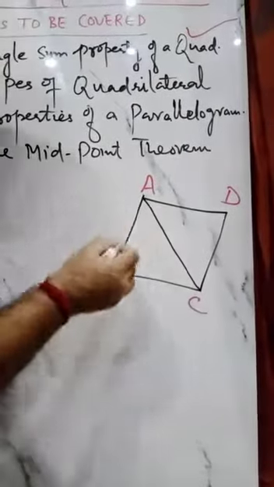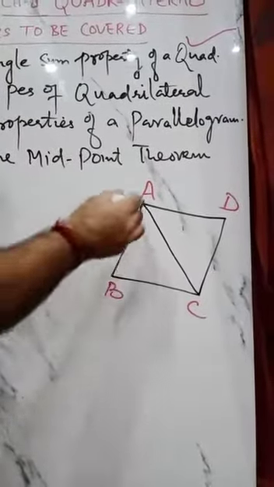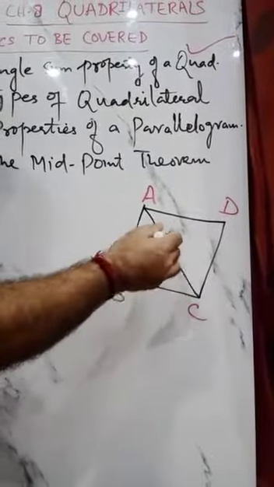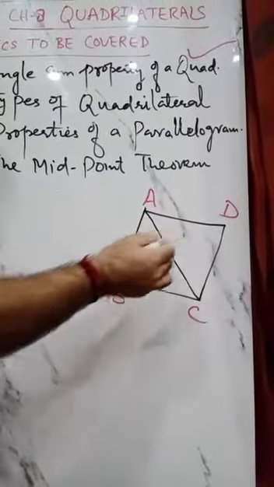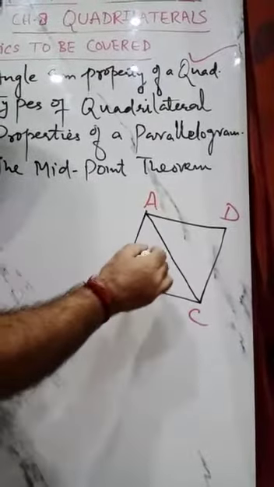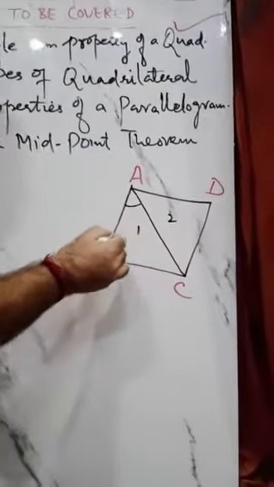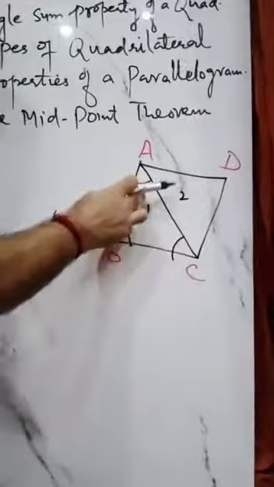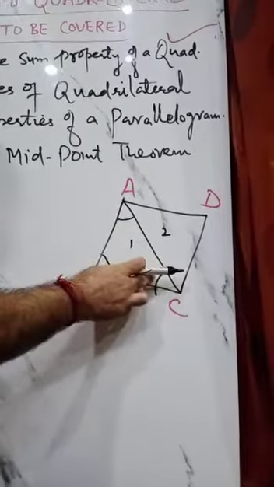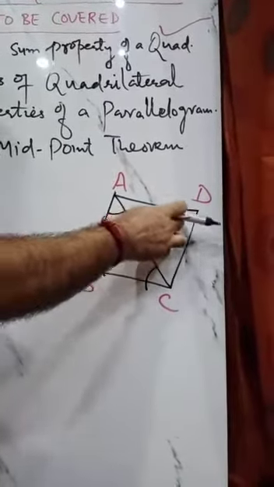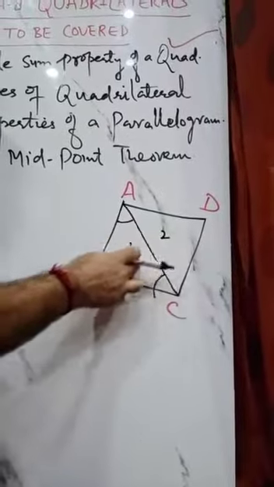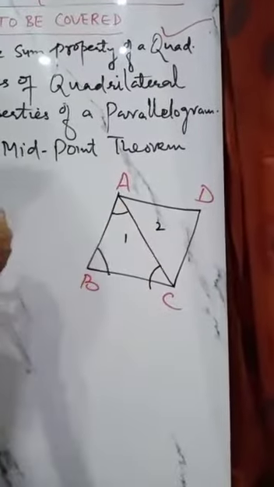Let us join AC and we get a diagonal AC. This diagonal divides the quadrilateral into two triangles, triangle 1 and triangle 2. As you know, the sum of the angles of one triangle is 180, and the other triangle also has sum 180. So 180 plus 180 gives 360 degrees.